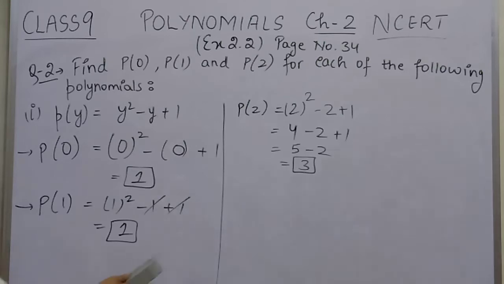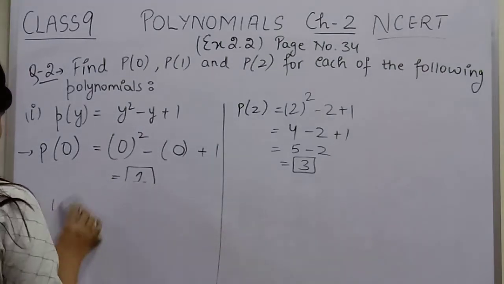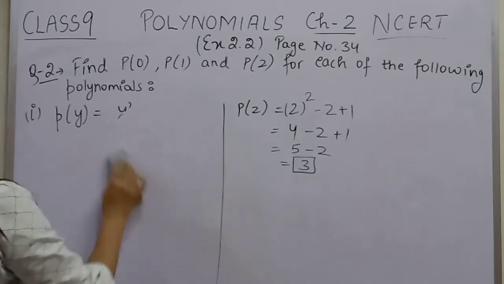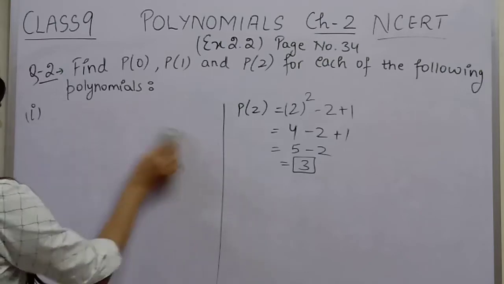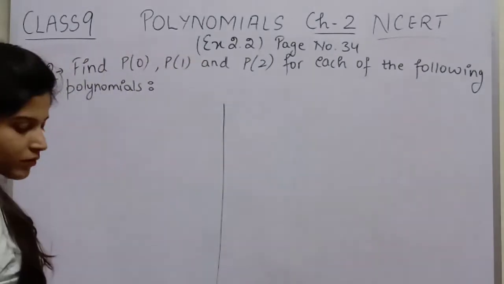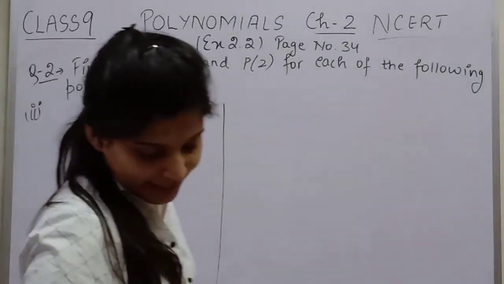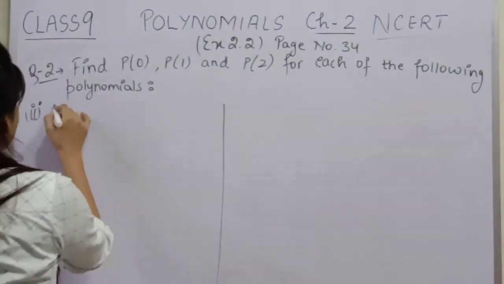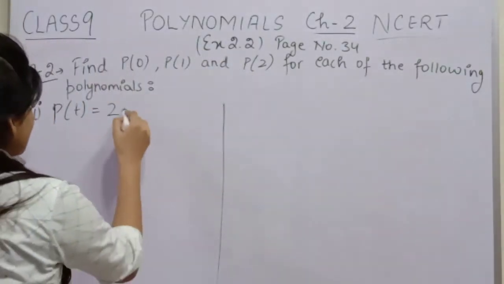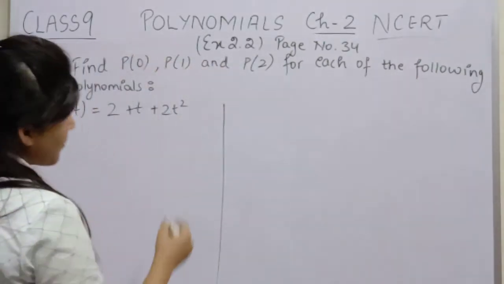Let's start with the second part now. So the second part is P(t) equals 2 plus t plus 2t square minus t cube.